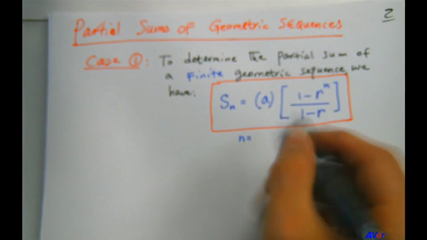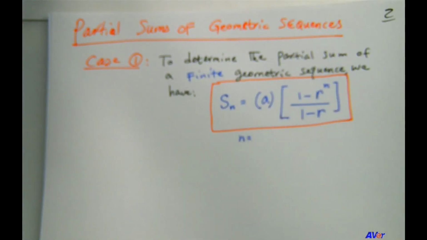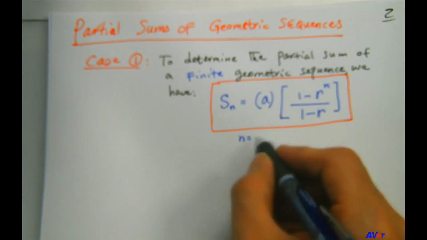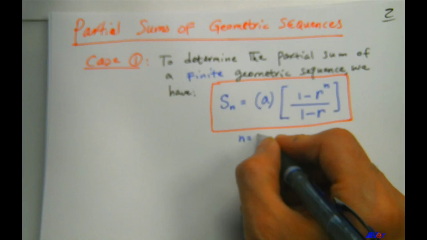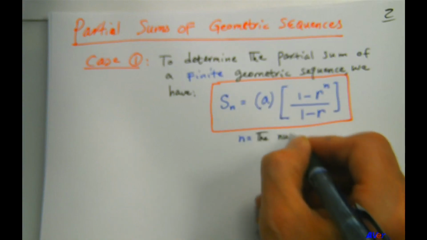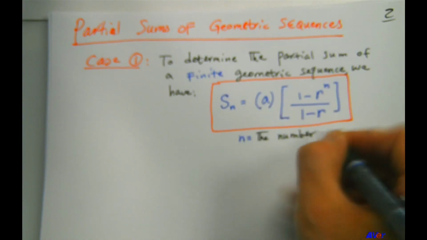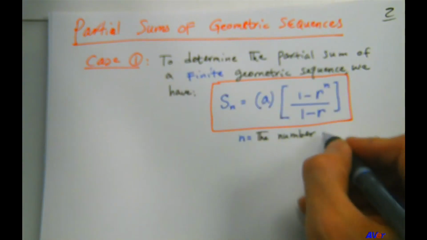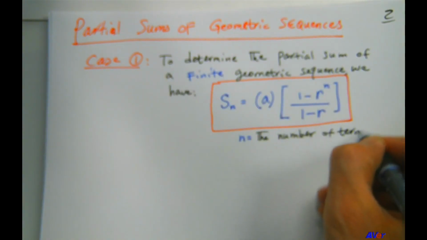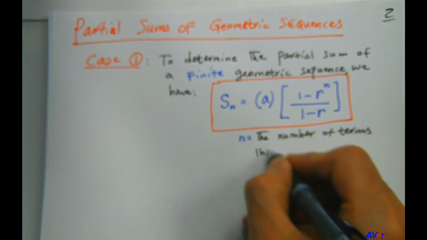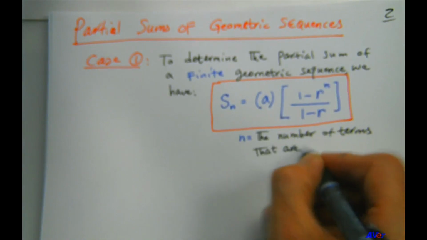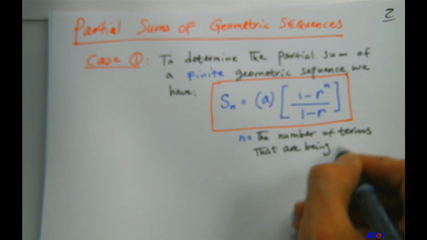But here, n, let me describe it here. N is the number of terms we are adding or summing. The number of terms that are being added.